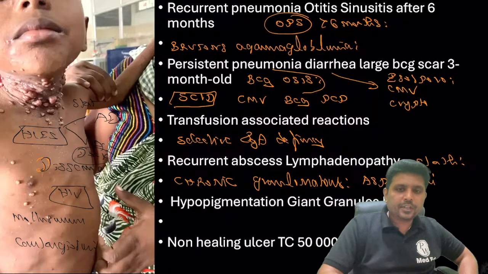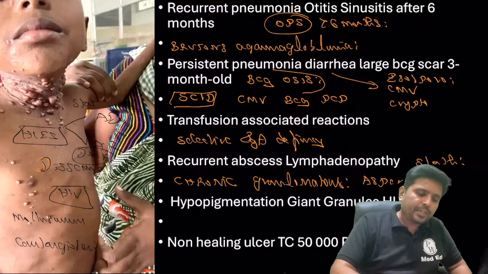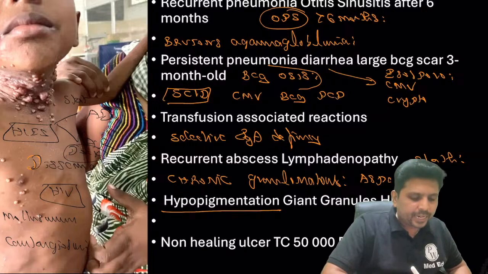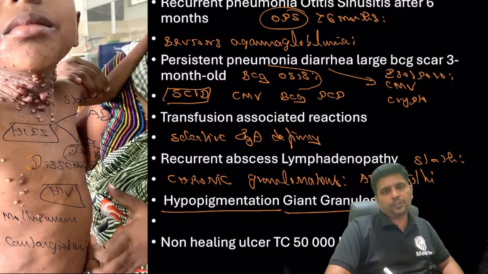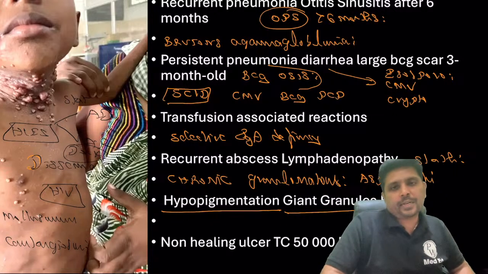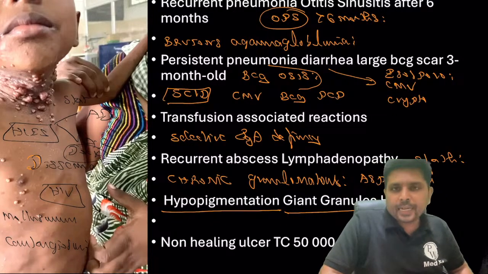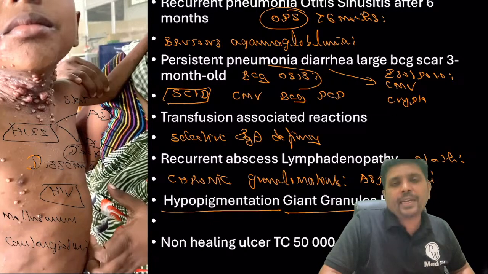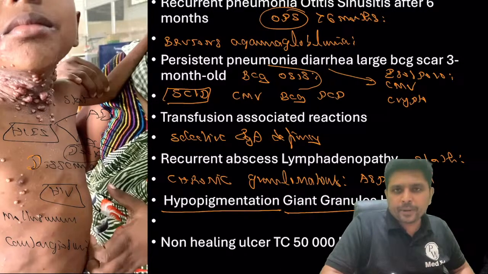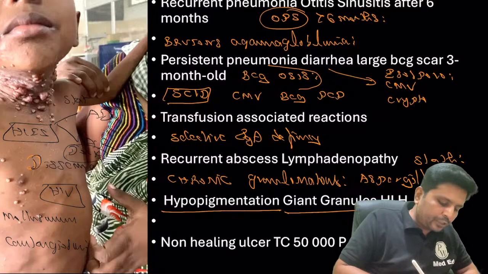Then, what is this? Hypopigmentation, giant granules. Hypopigmentation means albinism, with giant granules in the neutrophils. What does it mean? The first condition, recurrent abscess, chronic granulomatous disease, is due to defective NADPH oxidative burst, whereas hypopigmentation and the giant granules are due to a defect in phagolysosome formation.